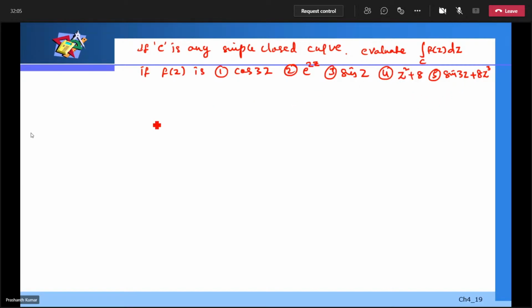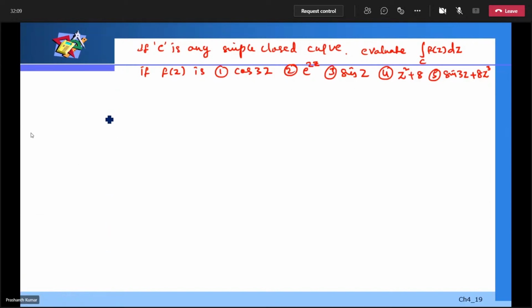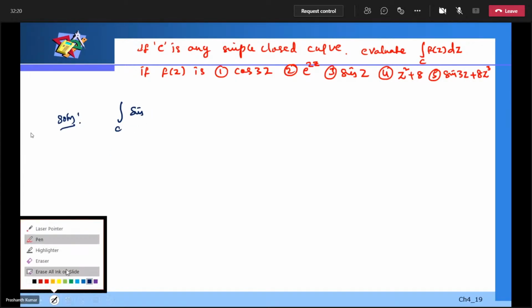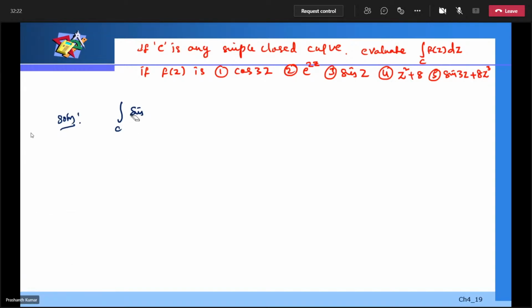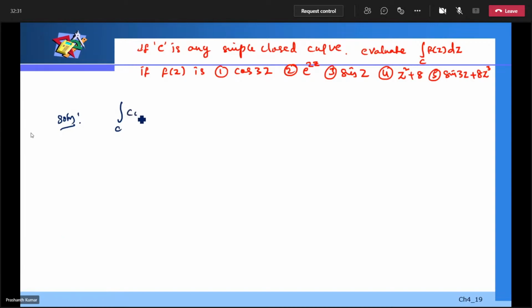So what about the first one? Tell me the answer. What is the integral over C of cos 3z dz equal to?